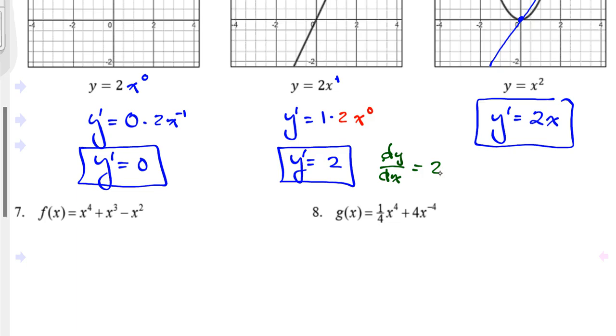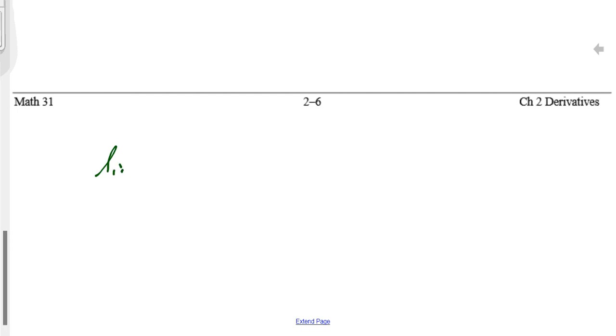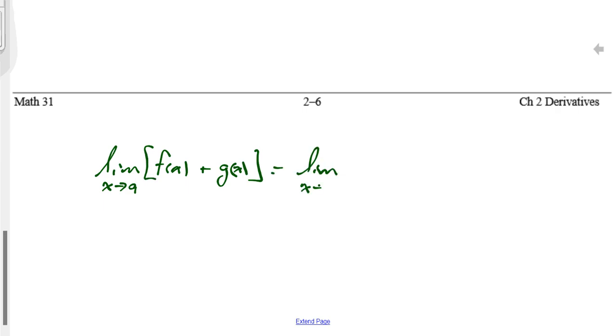Now, way back on page 13, there were all these rules about limits that if you were doing something like the limit as x approached a, whatever the limit is, of f of x plus g of x, this would be the same as the limit as x approaches a of f of x plus the limit as x approaches a of g of x.